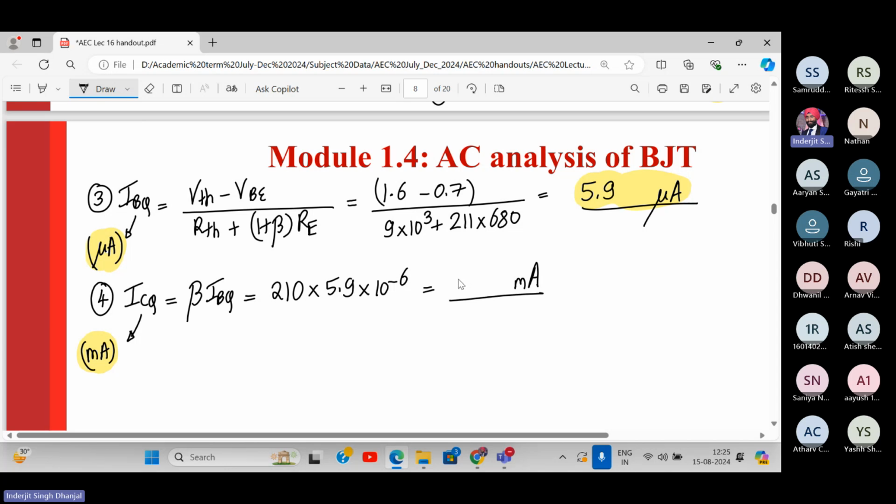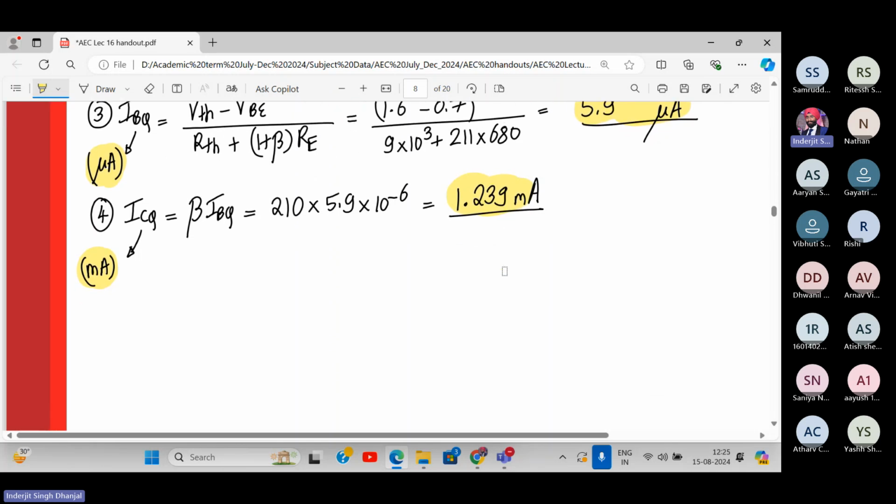How much? 1.239. Just check. Yes, sir. You should not make any mistakes over here, because if you make a mistake at the initial step, then everything else you do from now on will be wrong.